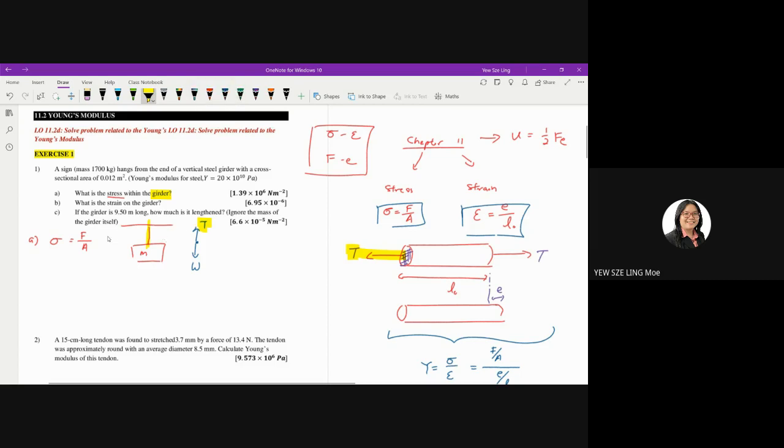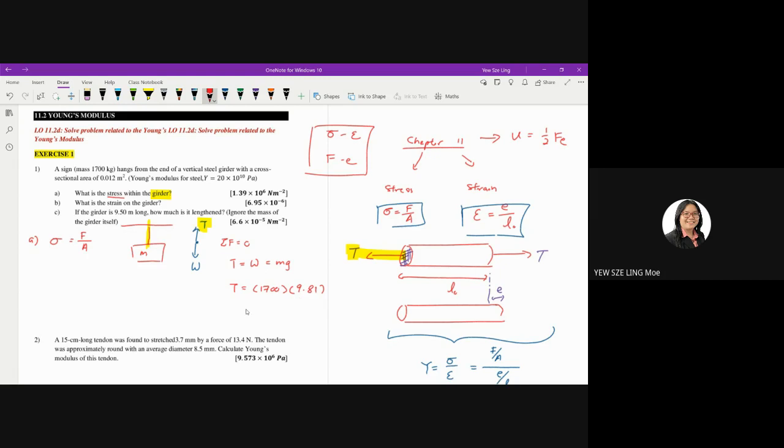So tension, according to the free body diagram, since my object is not moving, I'm going to use Newton's first law to determine the value of tension. So summation F equals 0. Based on the free body diagram, we have T equals W, which equals mg. So from here, we can determine the value of tension. T equals 1,700 times 9.81.